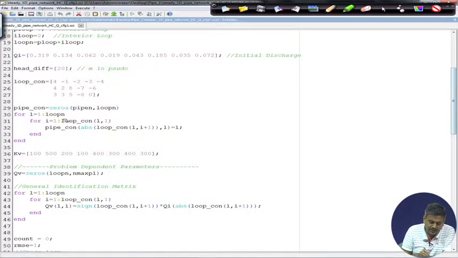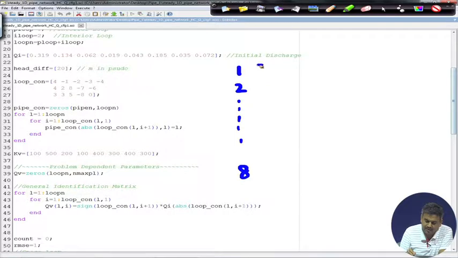Now, we need to construct one pipe connectivity matrix. What is that? That means, for pipe 1 up to pipe 8, we need to provide certain information. What is the information?